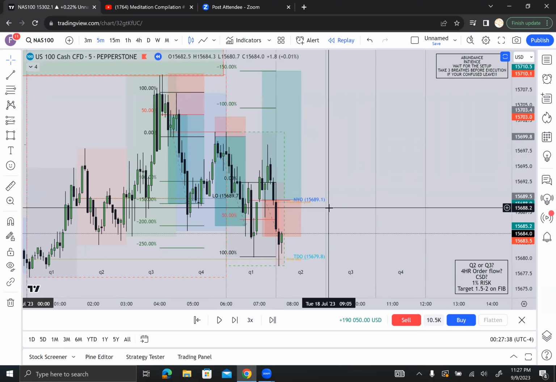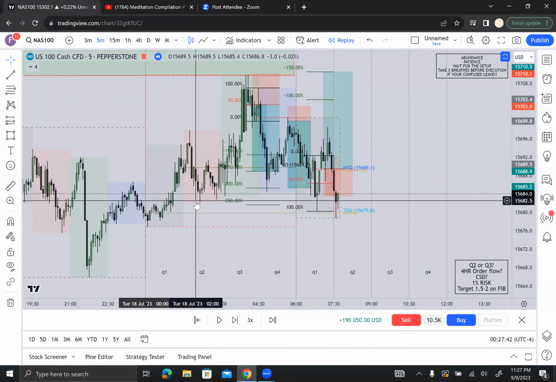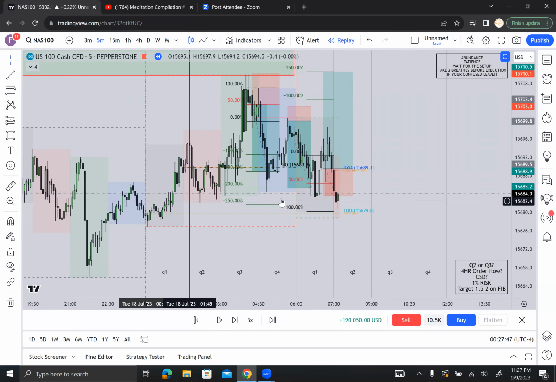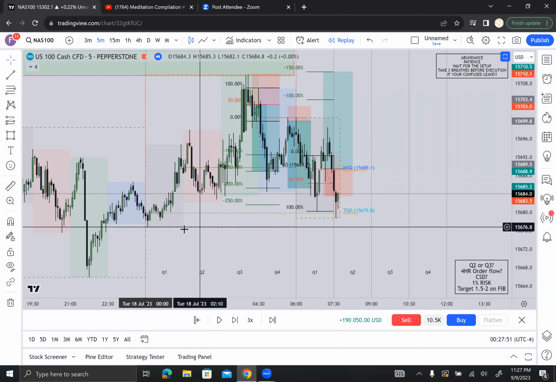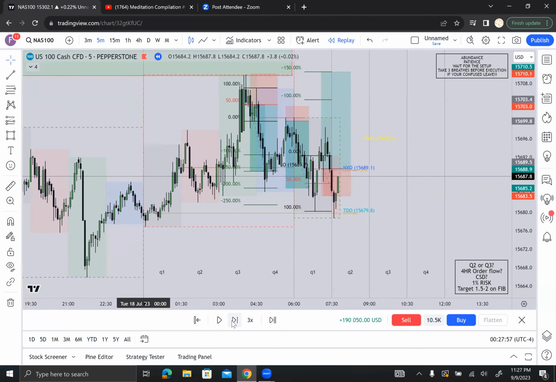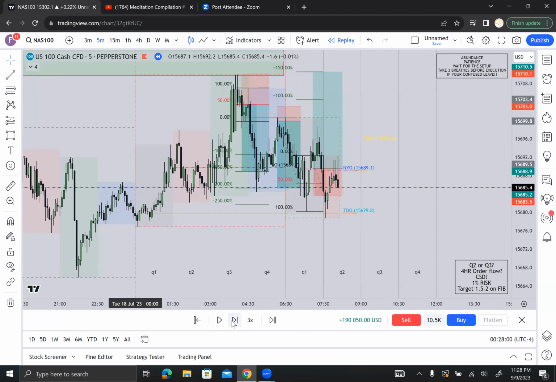Not much. You did have these equal lows here. I got swept there. Then you have the lows. See, is it going to continue lower? I believe it should.